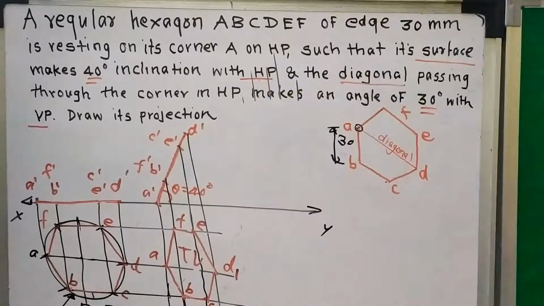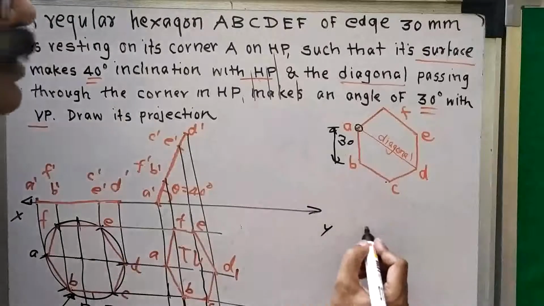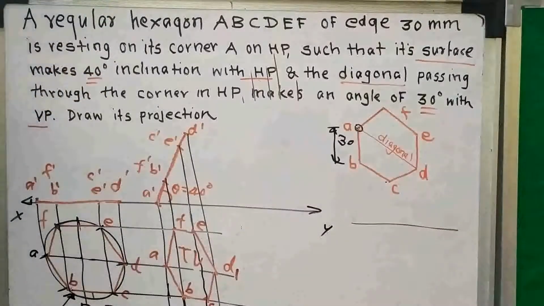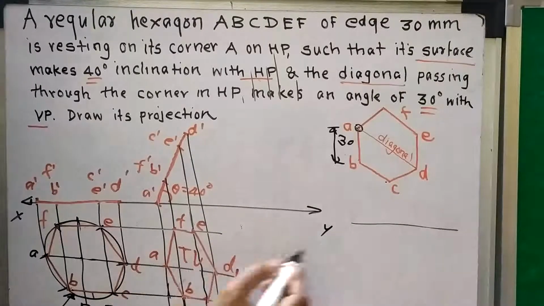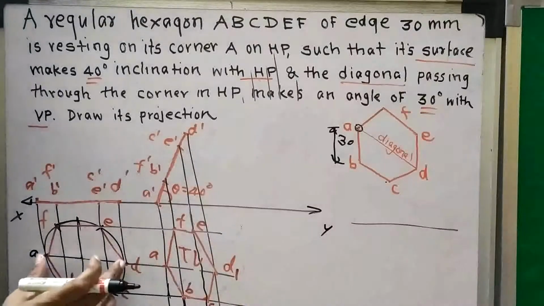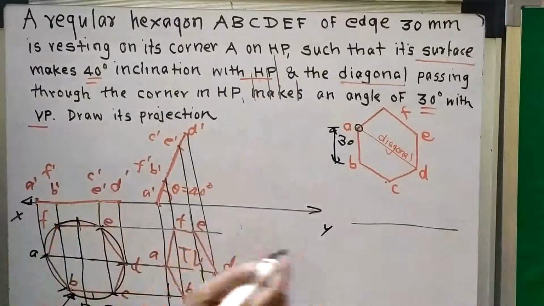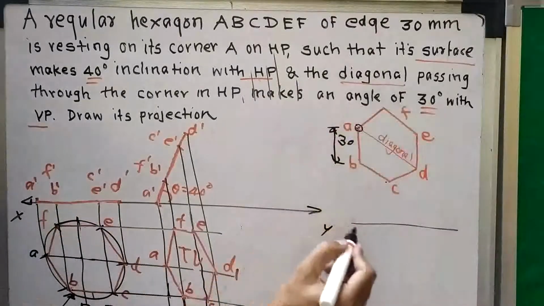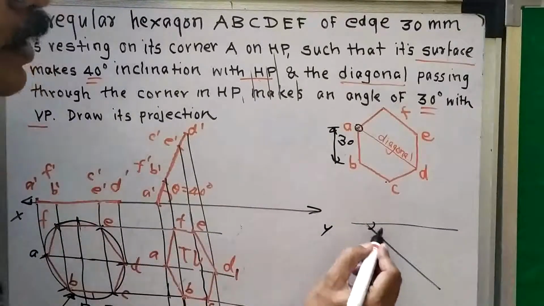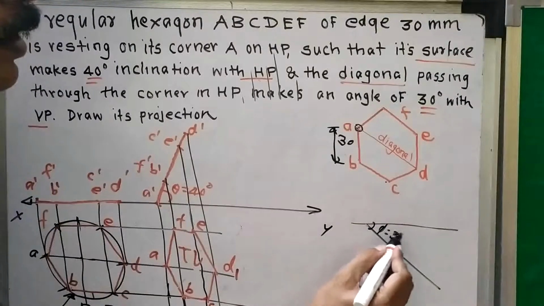So what we will do, we find out the inclination for this AD1, that is a beta angle, and that beta angle I will use for AD1. So how will we find out this beta angle? We have already discussed this case in part 1 and part 2 of this projection of plane. So we will take this original AD, I will measure this AD, and what is this angle? 30. So I will take this 30 degree, this is phi 30 degree.